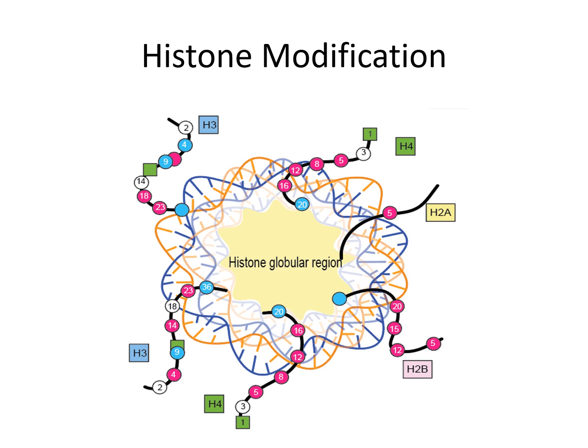So if we modify those amino acids, then the interaction between the histone tail and the DNA no longer exists, and the RNA polymerase will have easier access to the DNA. So that's the first mechanism of epigenetic regulation.